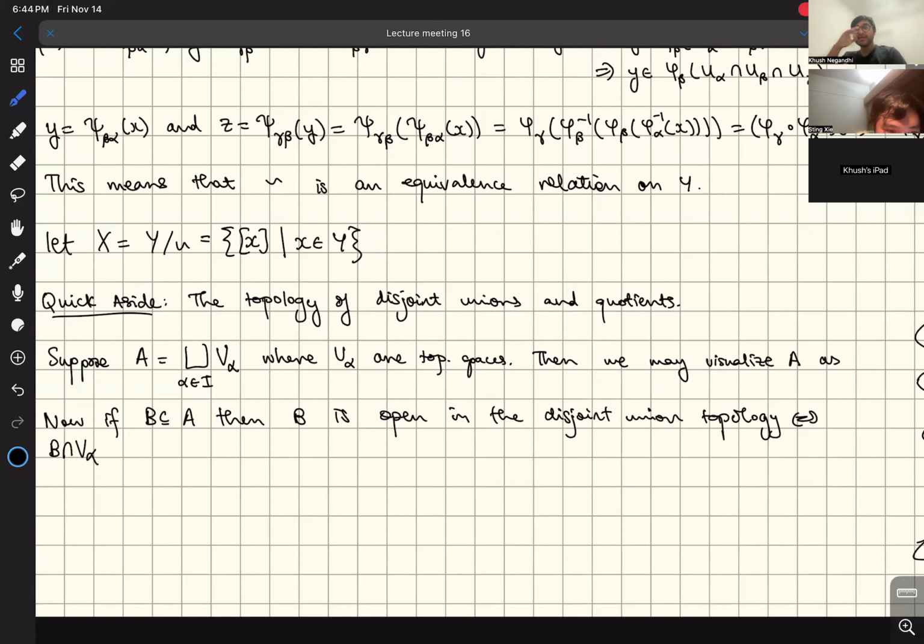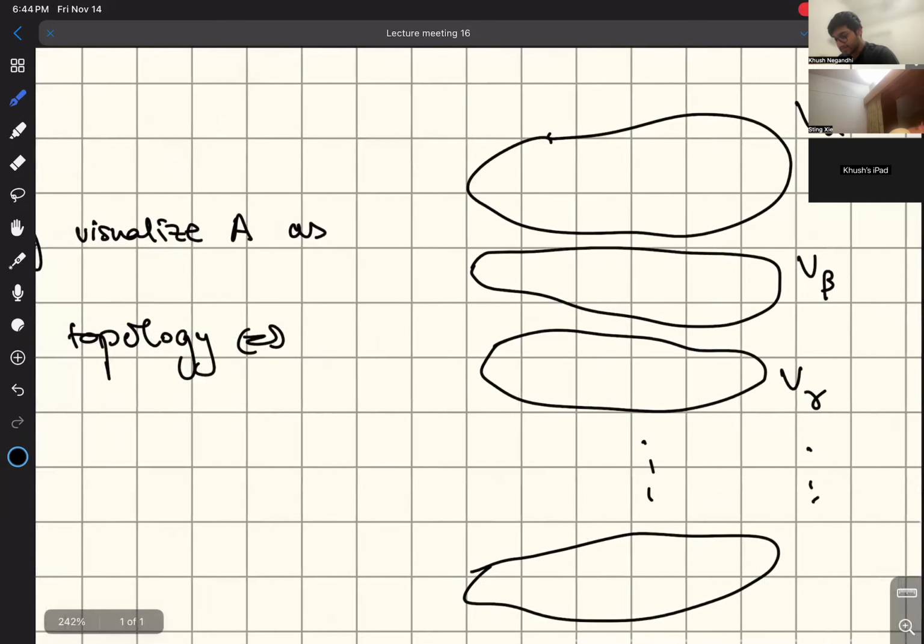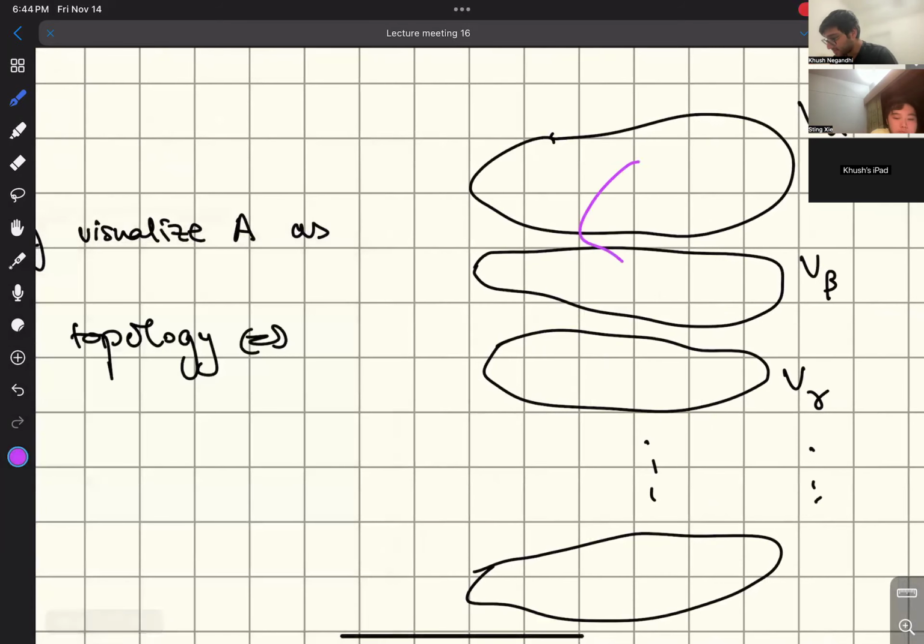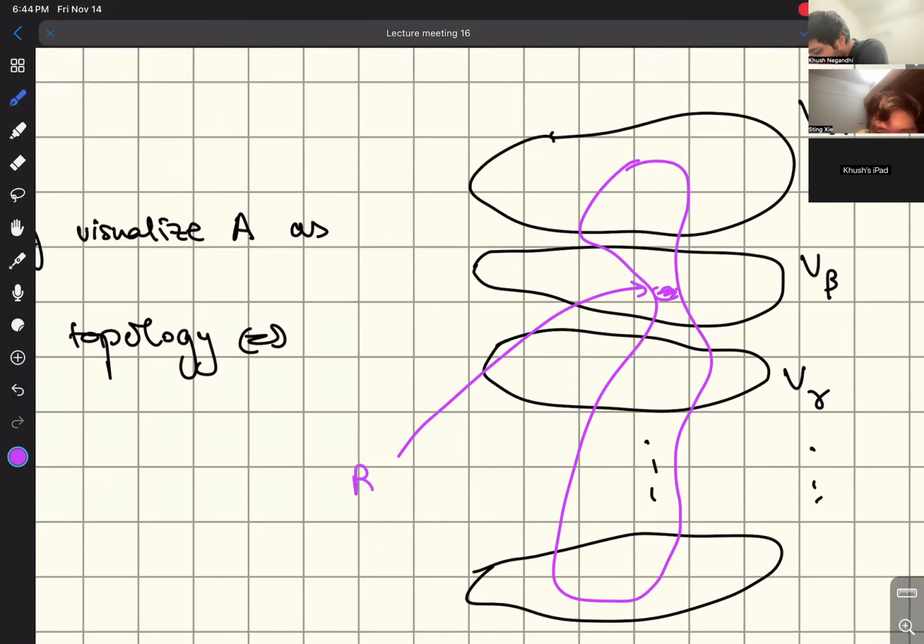So if I look at the intersection of B with each of the pancakes, that intersection must be open in V alpha. What do I mean by this? Let's say this was our subset B. If we look at this intersection here, it looks something like this. Now what we require is that B intersect V beta is open in V beta.